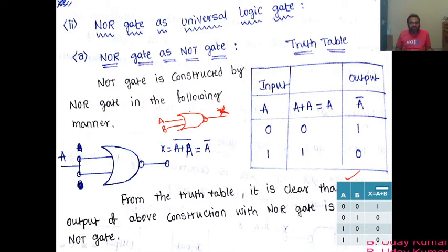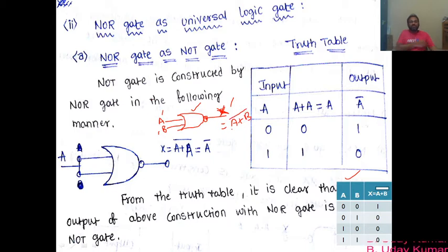This is actually an OR gate. If you keep a bubble, it becomes a NOR gate. So the NOR gate is the combination of OR and NOT gates. It has two inputs denoted by A and B, and one output. The output I can write as X equals A plus B, the whole complemented, or bar.